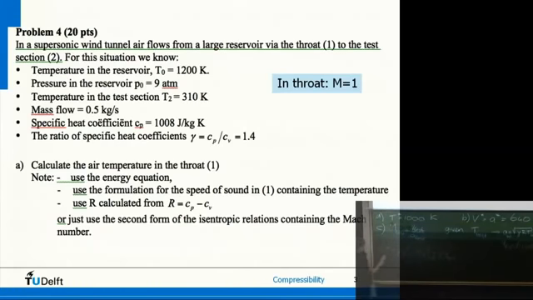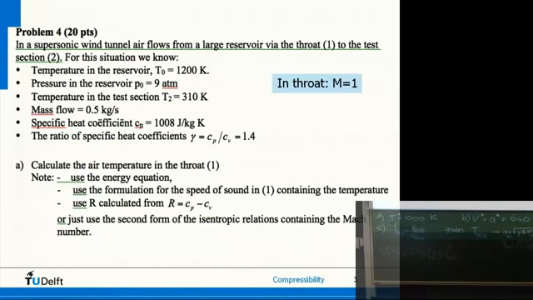We can do the throat, or we can do the reservoir. Who votes for the throat? Who votes for the reservoir? Okay, more for the reservoir.